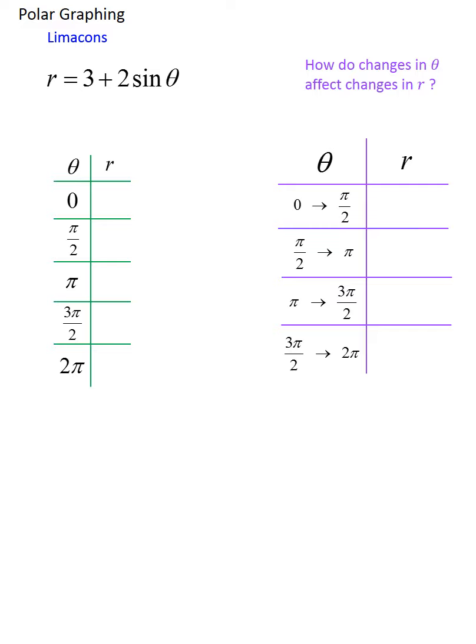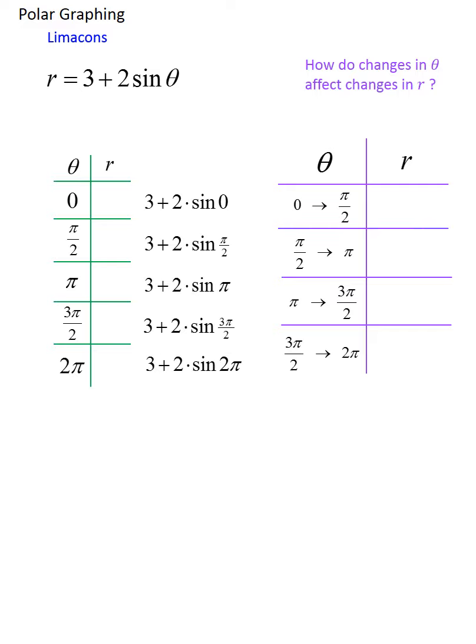Now to know that, it would help to know the value of r at each of these so-called quadrantal angles, the angles that aren't in quadrants. So a good start is to plug these 5 values of theta into your equation to find the values of r.